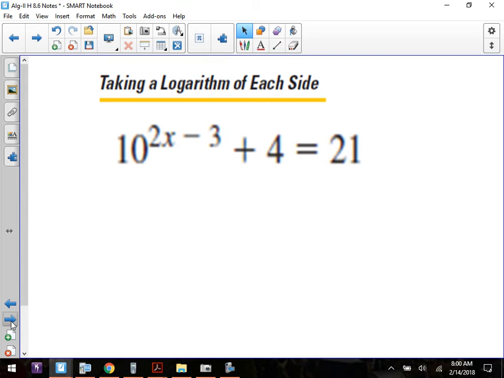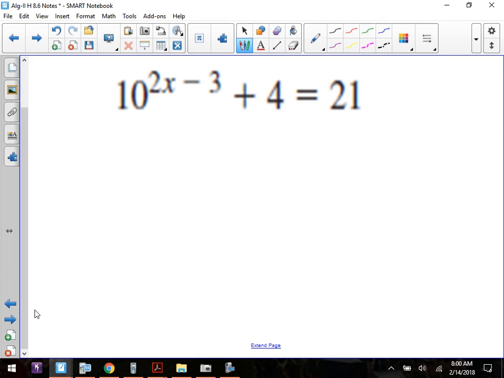Again, treat it like you would normally, working a regular equation, working backwards. What's the first thing you're going to move? 4. So you would subtract 4 from both sides. What is that, 17?